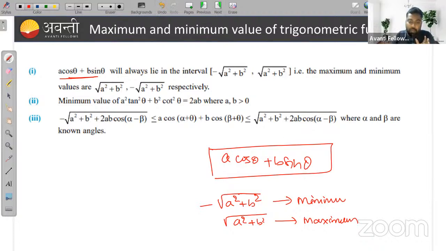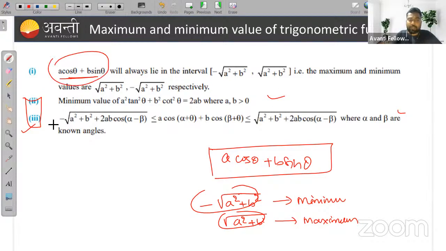In the third case, please forget about these two. You can just remember these two formulas, but it is important. We'll solve a question on this.